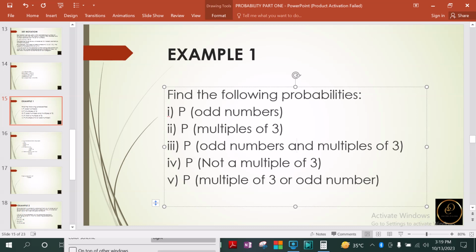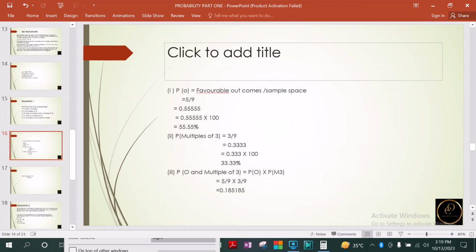So here we add the probability of odd numbers plus the probability of multiples of 3. I think we have already calculated that. The probability of an odd number is 0.555. The probability of a multiple of 3 is 0.333.